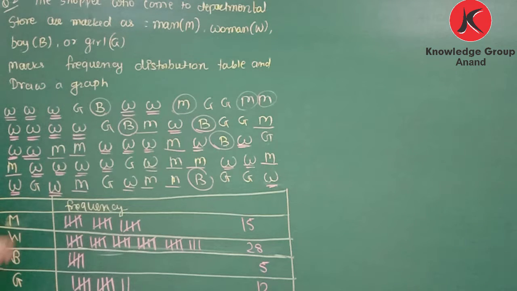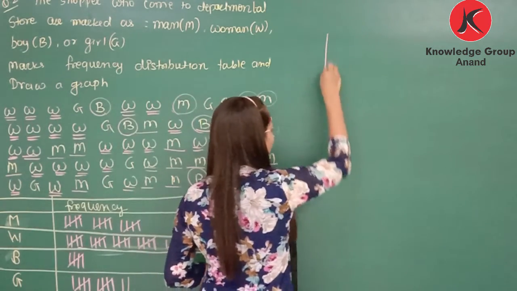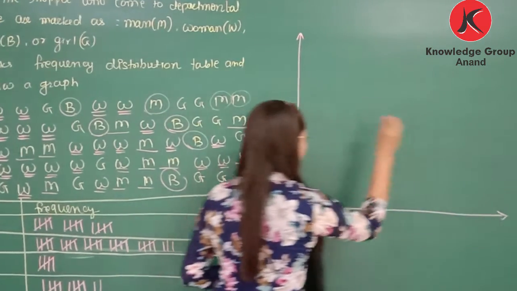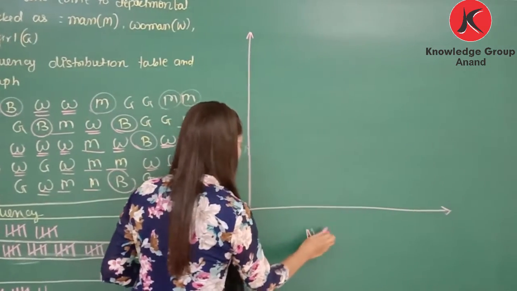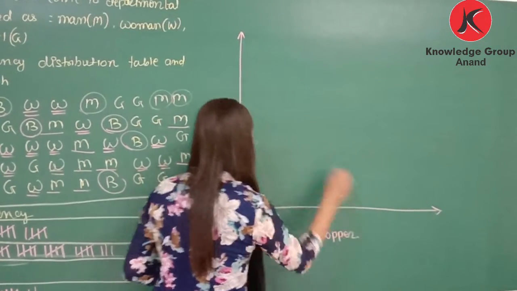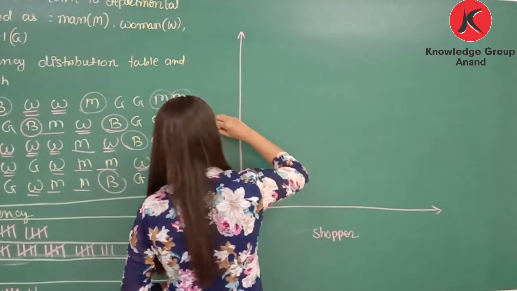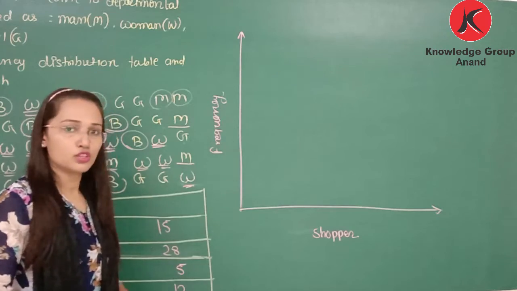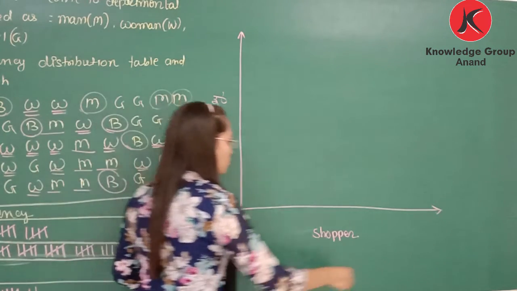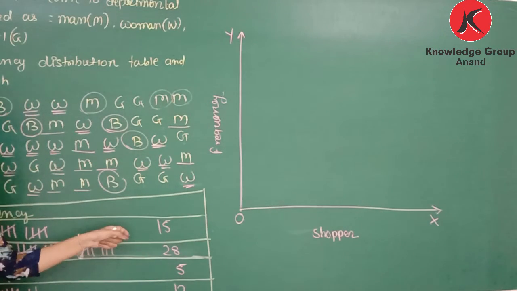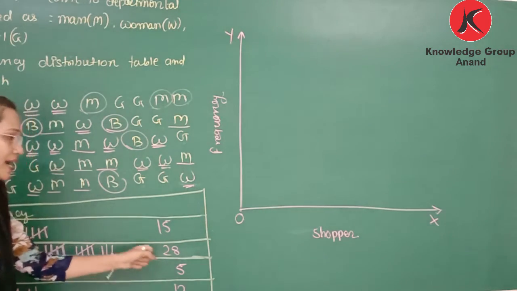Now we need to represent this in a graph. For a graph, you need graph paper. Draw a vertical line and one horizontal line. Here we can represent shoppers, and here frequency, or you can say number of shoppers. It starts from 0. This is the x-axis and this is the y-axis. Now here you can see our information. Lowest is 5 and largest is 28.